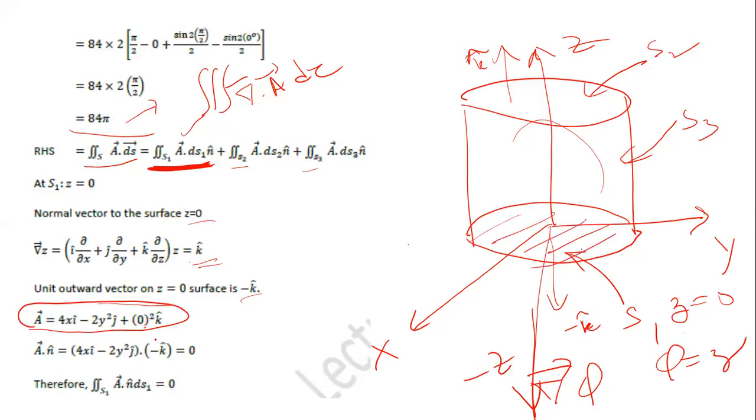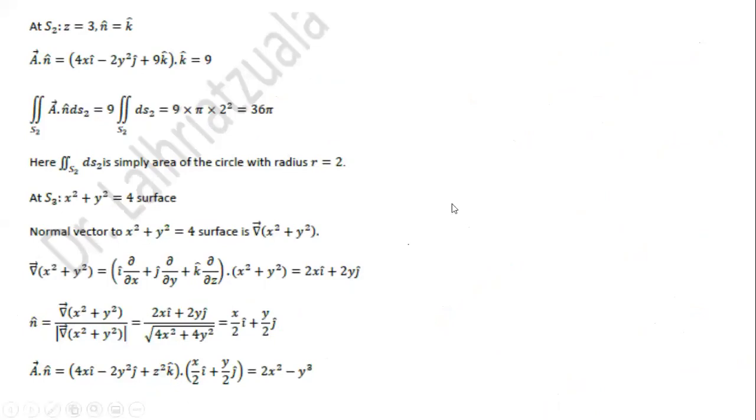Then you take the dot product A dot n. The outward unit normal vector n cap is minus k cap, so the product is 0. So if A dot n is 0, this quantity is also 0, right?